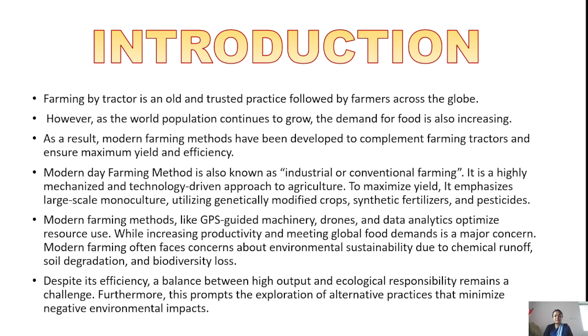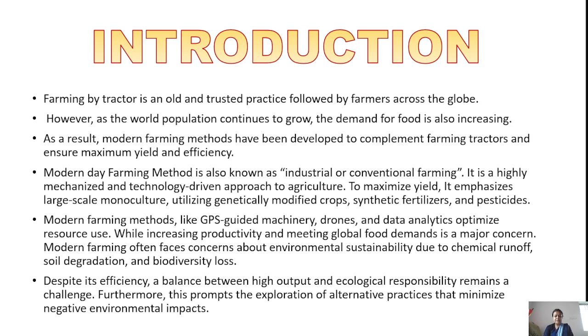Modern farming methods like GPS-guided machinery, drones, and data analytics optimize the resource use. To meet the global food demands was a major concern, but modern farming methods also face some concerns about environmental sustainability due to chemical runoff, soil degradation and biodiversity loss.